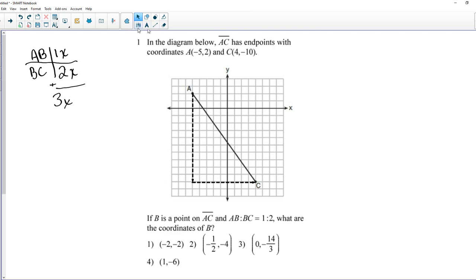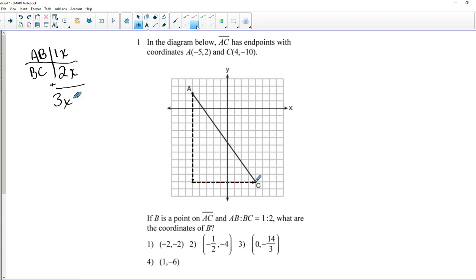I could actually go to the vertical either, but I go to the horizontal and I count quite simply. 1, 2, 3, 4, 5, 6, 7, 8, 9. There's 9 units in the horizontal between A and C.